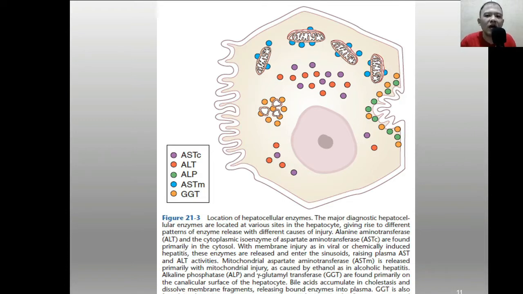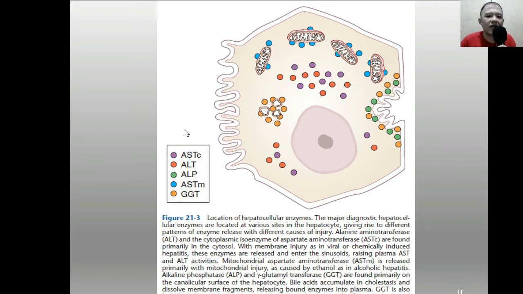Number two, even the destruction of the hepatocyte itself at the canalicular side. So hepatocyte dysfunction can also increase the ALP, but more on the biliary tract problem. First, you have gallstones, you may have cholecystitis.